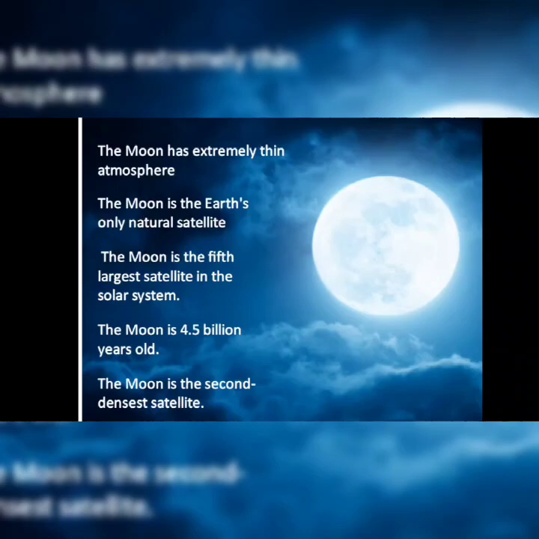Few of the students have written this sentence. That's very good. The moon is 4.5 billion years old. And the last sentence, the moon is the second densest satellite. So these can be the 5 sentences.